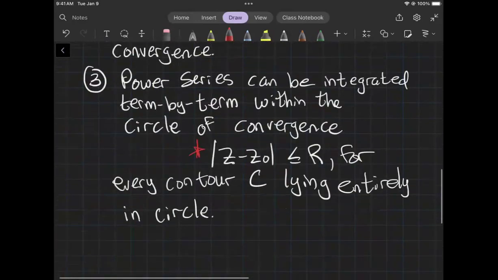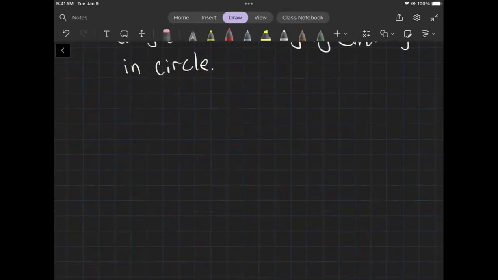Now the goal here is, if we are given an analytic function, can we formulate a power series which relates to the function that was given?